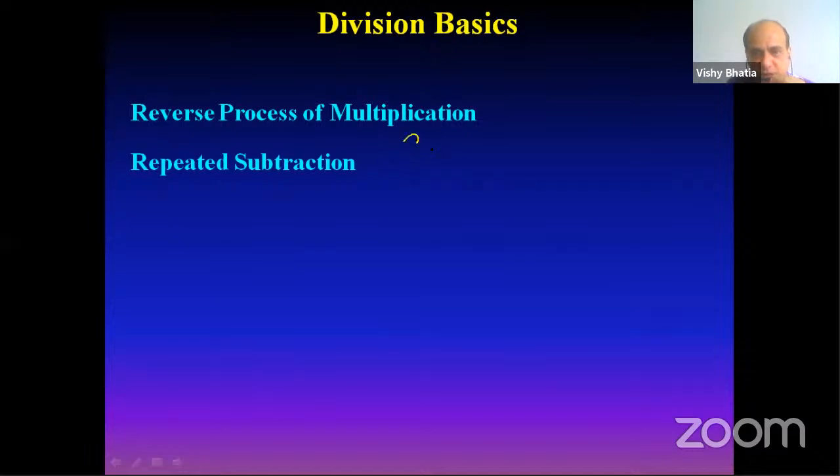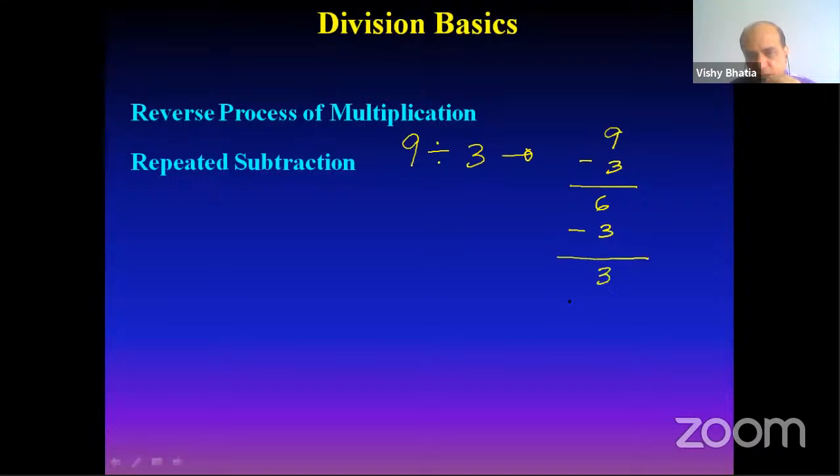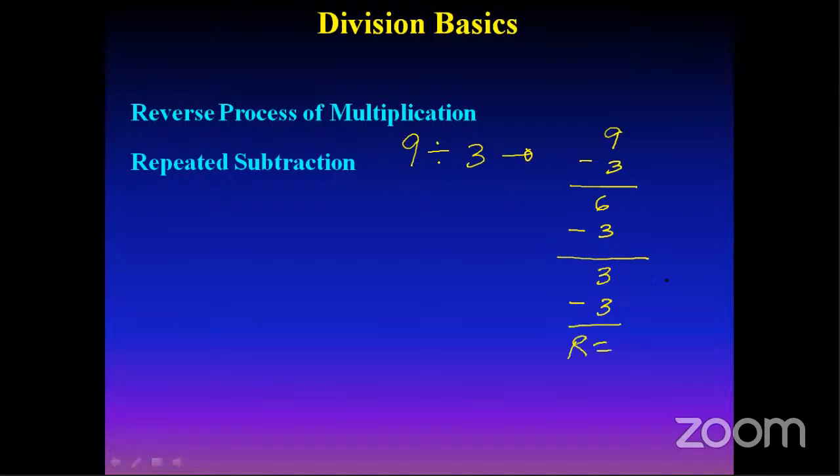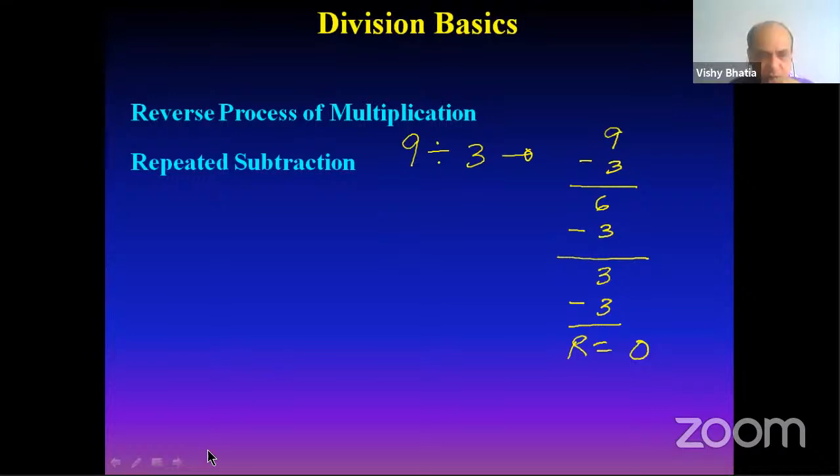So when I say that I'm dividing 9 by 3, this is nothing but 9 minus 3, we get 6. From 6, we subtract 3, we get 3, and then we do another subtraction from 3 till we are left with a remainder called 0. That's all we do in division.